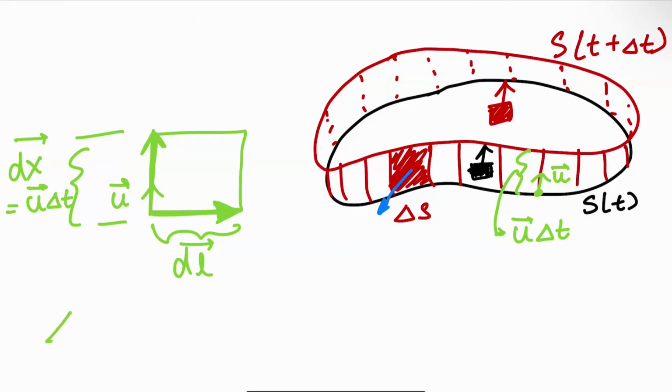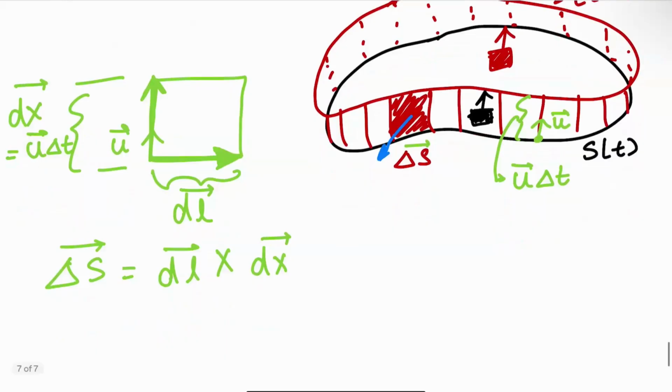Which means that delta S, which is also a vector, keep in mind that this is a vector, it has a direction, it's an oriented surface, is nothing but dl cross dx, right? Because that surface is not rectangular, it can be a parallelogram.